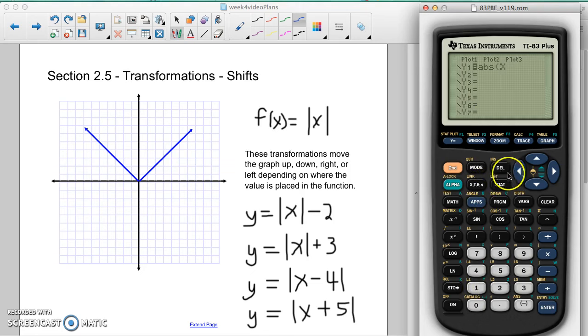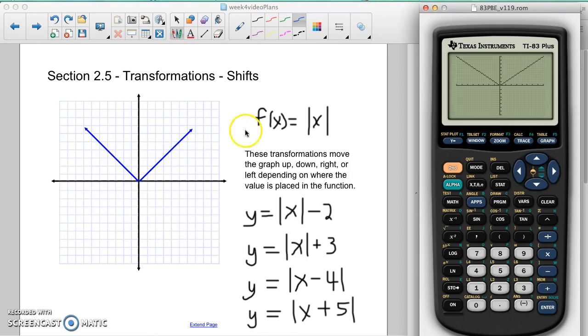If we just wanted to graph the absolute value of x, this is how we would type it in the calculator. And if we set our window to something similar to this one, that would be -8 to +8 and -8 to +8. This is what our graph would look like. I'm hoping this matches the blue graph that we have here.